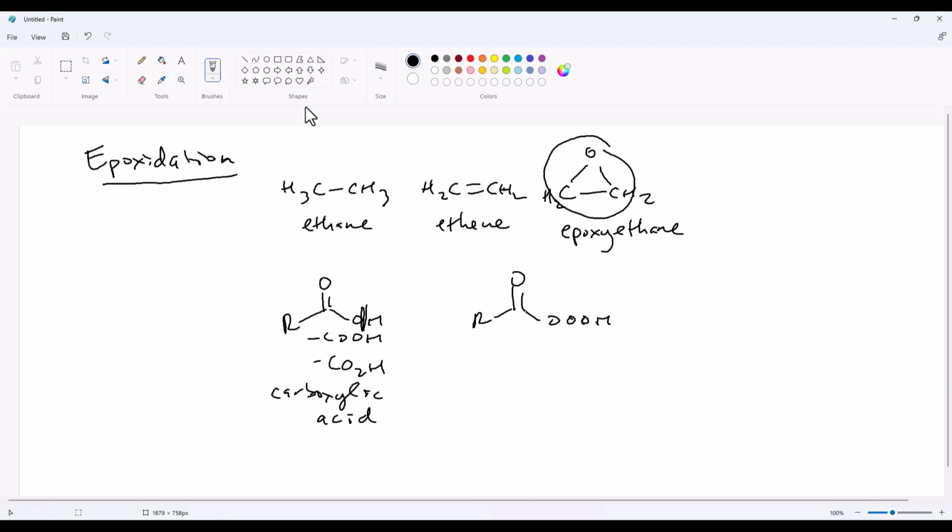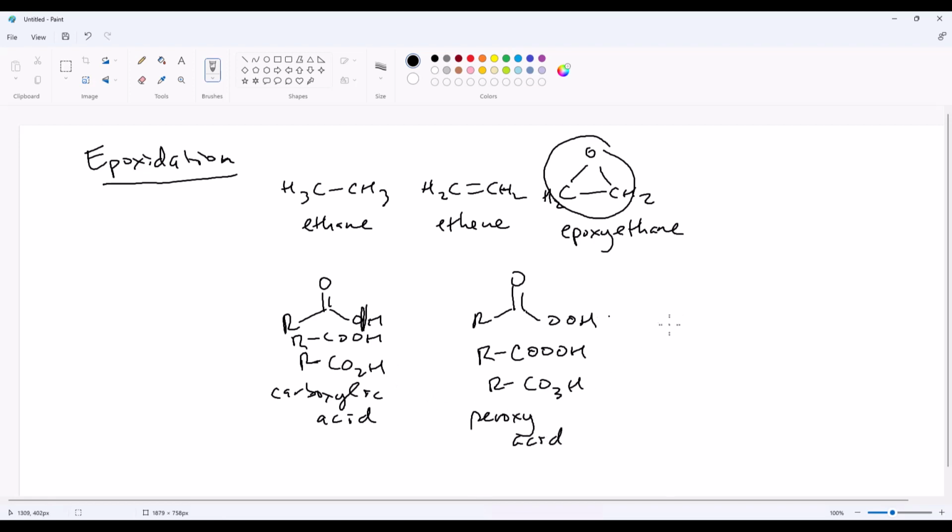Oh, I'm sorry, that's one too many O's. Got carried away there. RCO3H, we have what's called a peroxy acid. So this is sometimes abbreviated as RCO3H. So this would be R groups. And this is called not a carboxylic acid, but a peroxy acid.